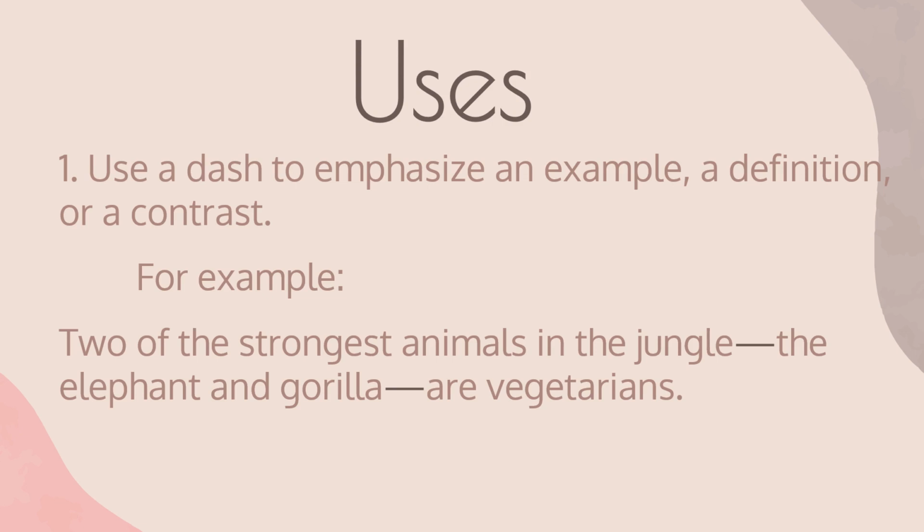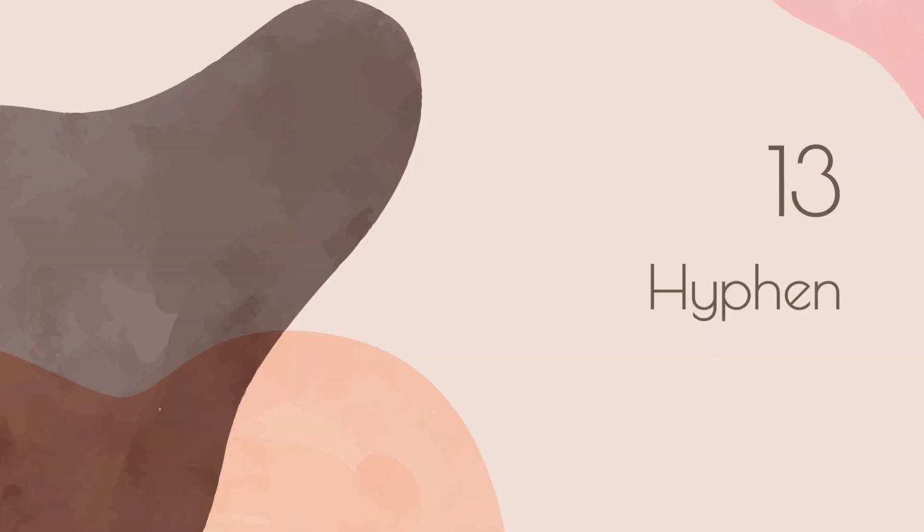You can use a dash to emphasize an example, a definition, or some information. For example, "Two of the strongest animals in the jungle—the elephant and gorilla—are vegetarians." Here, we added additional information: the elephant and gorilla.